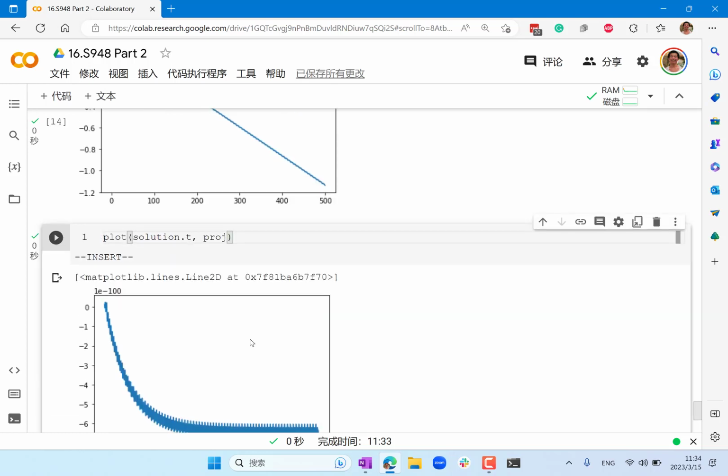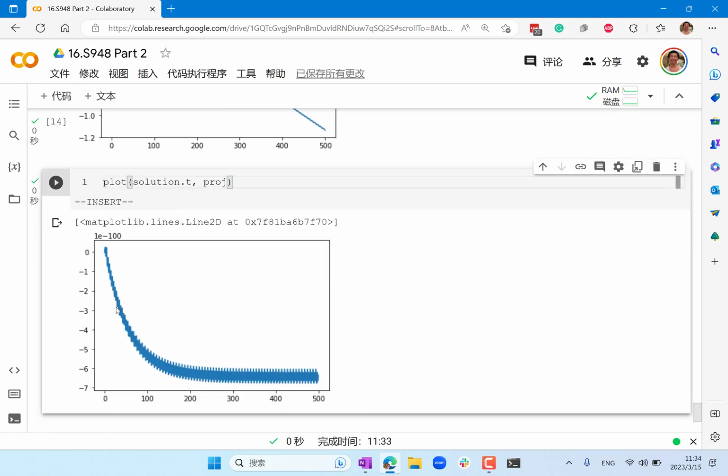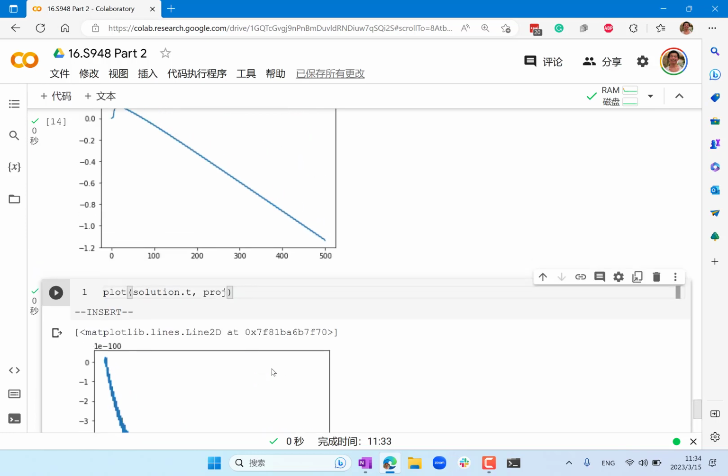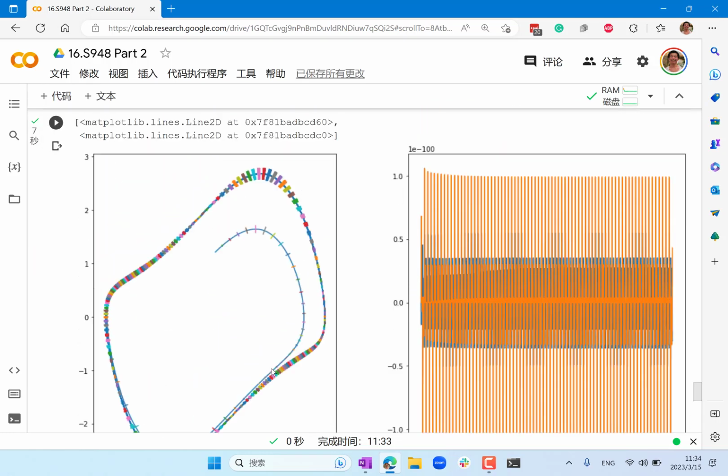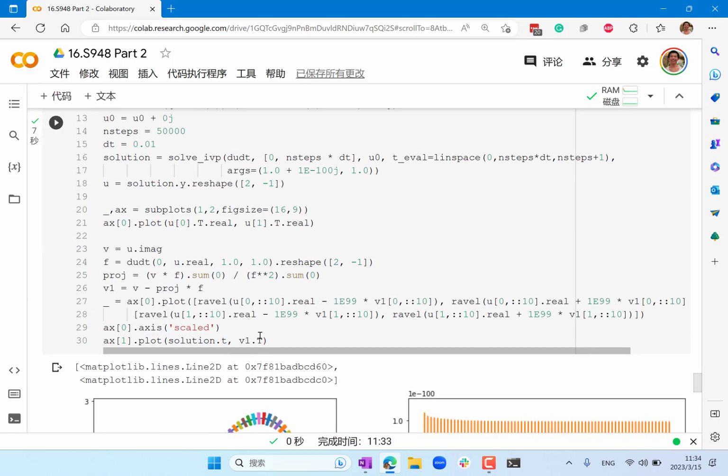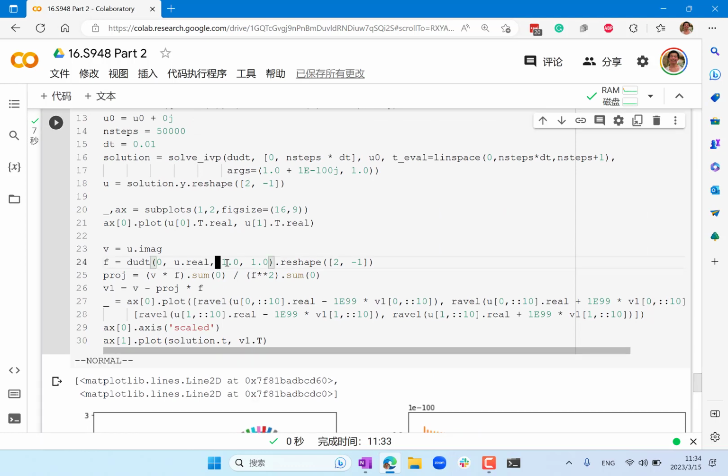There should be a linear growth term somehow, but this doesn't really come up. Let me see what happens over here.